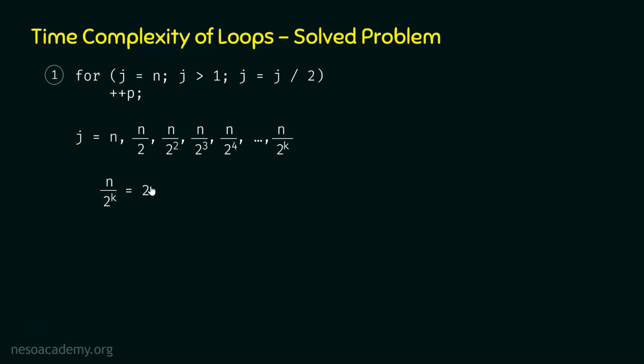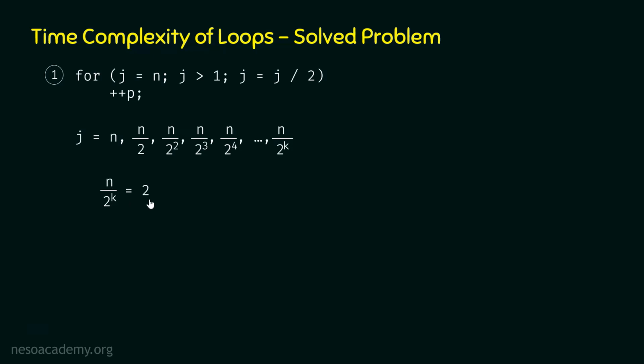If this is the last value of j, after the updation, it becomes 1. And 1 is not greater than 1. The condition becomes false. Hence, this is the last value of j for which this condition is true. So this is the reason why I've assumed n by 2 power k is equal to 2.